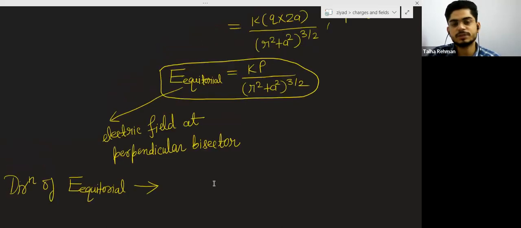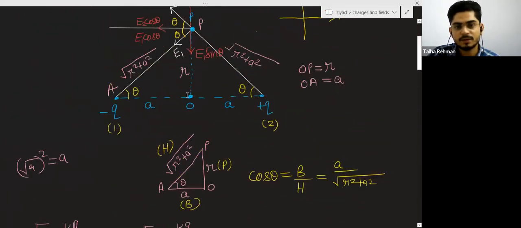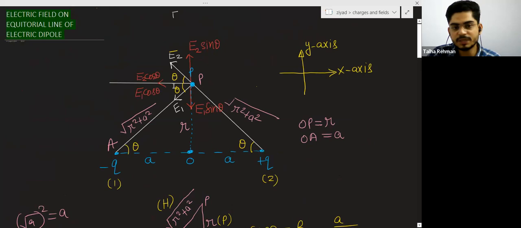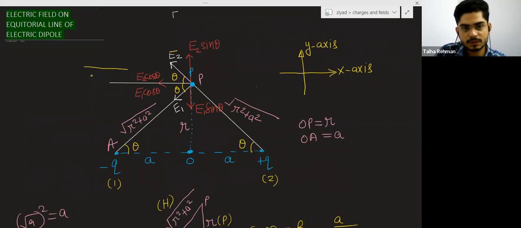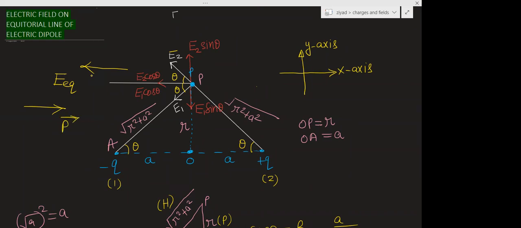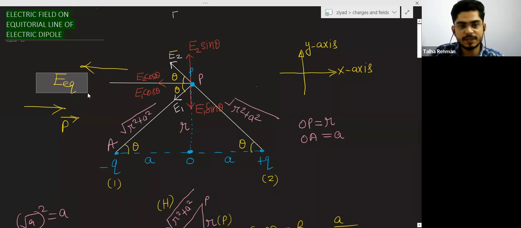Now, see here, this component cancels out, which means the direction of electric field will be in this direction. E equatorial is in this direction, and direction of dipole moment is in this direction. So the direction of this electric field and the dipole moment in this case are opposite.